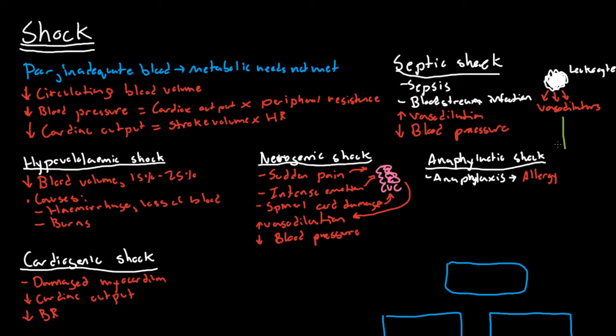And histamine is actually what's going to cause that huge amount of vasodilation, because the body thinks it's encountered some sort of infection or threat, and it wants to get as many white blood cells to the supposedly infected area in order to deal with that infection. But really, it's not an actual pathogen, it's just an allergy. So we have an allergic response where histamine causes this vasodilation, and again, this causes a decrease in blood pressure.